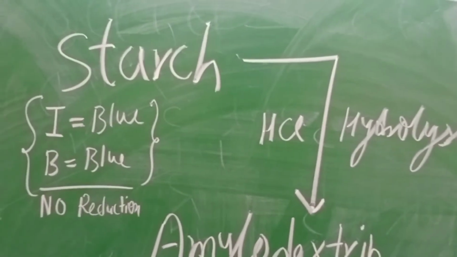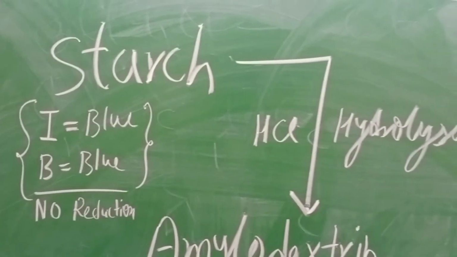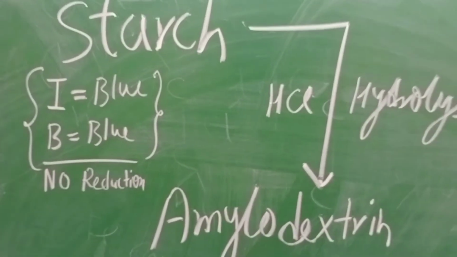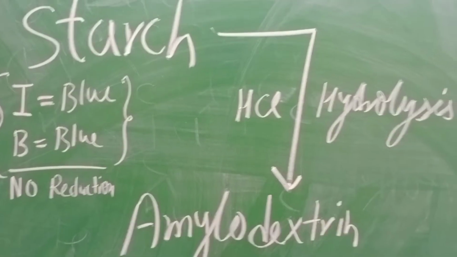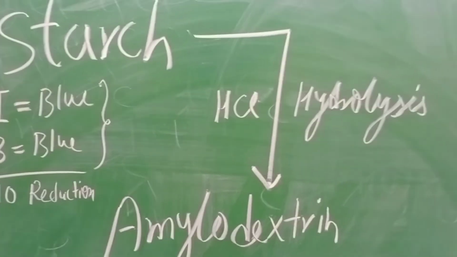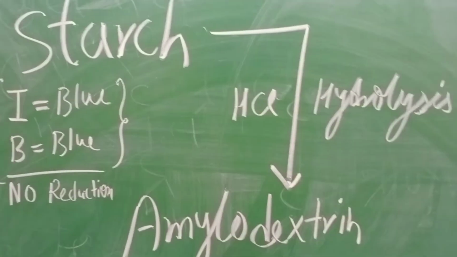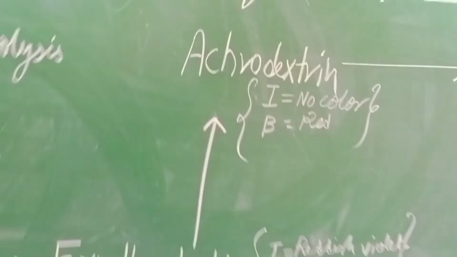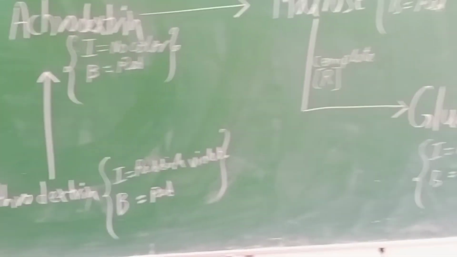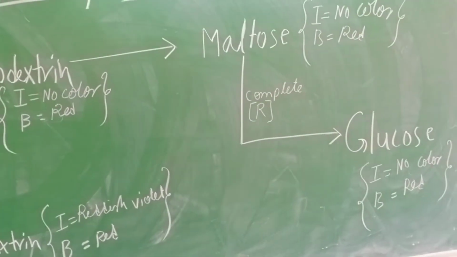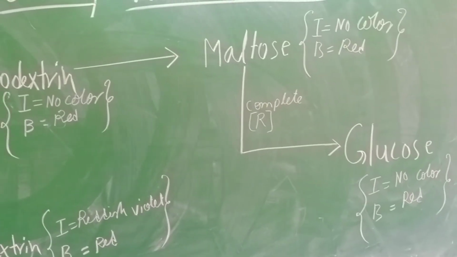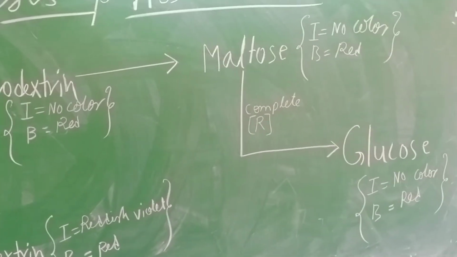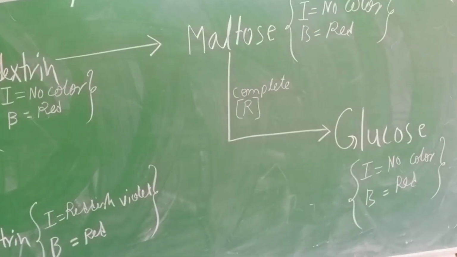This ultimately indicates that when the starch is hydrolyzed, we get n number of monosaccharide units. The monosaccharide unit, as you can see here, I represented as glucose, the end product of starch hydrolysis, and glucose is itself a monosaccharide.